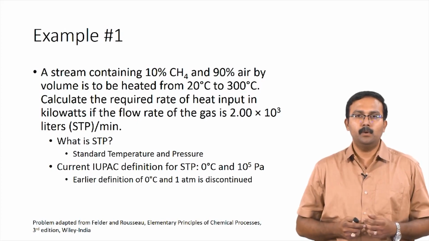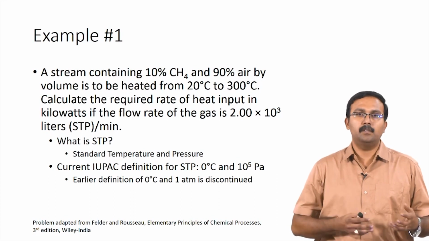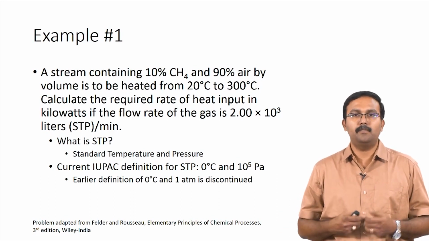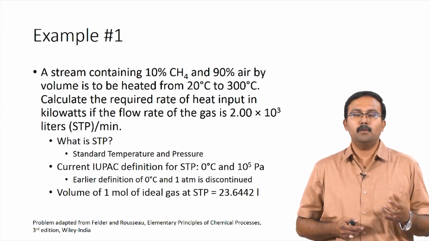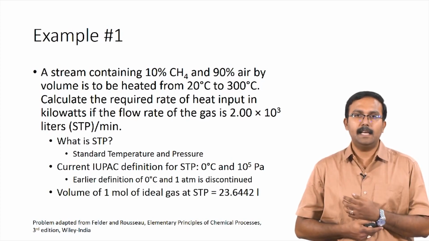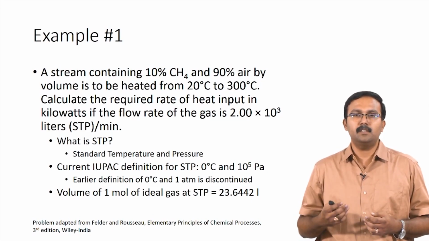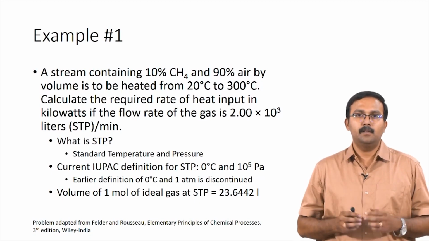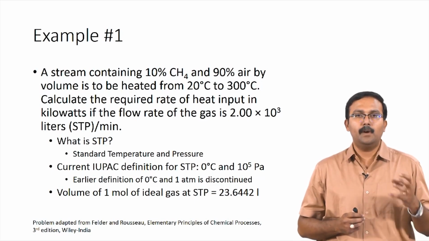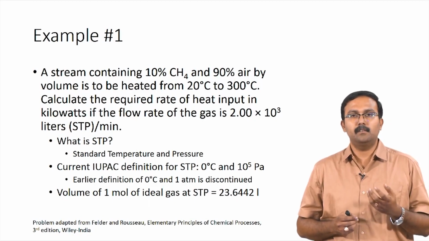Now that we know this, we can calculate the volume occupied by 1 mole of a gas according to STP. So, volume occupied by 1 mole of an ideal gas under STP conditions would be 23.6442 liters.